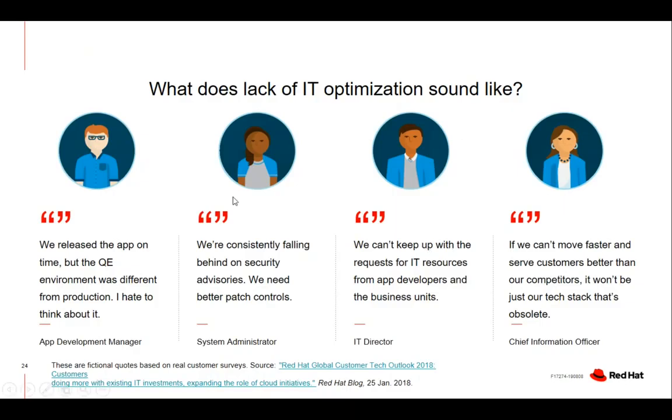Another common problem that you will see on your left-hand side is, we released the app on time, but the QE environment was different from production. Oh my God, I'm sure a lot of you can relate to this. I personally have related to this a lot when I used to be a database developer. Oh my God, my query is working in a particular dev environment.